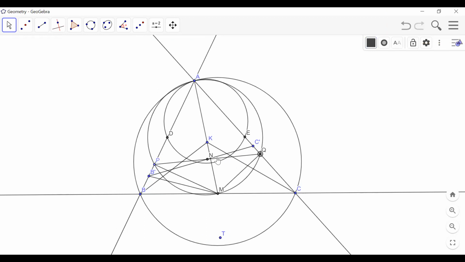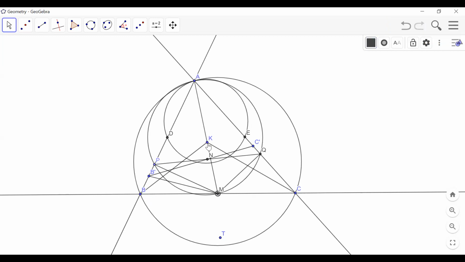So the first thing is to define K as the Humpty point. You take a point K on the median such that MK times MA equals MB squared.